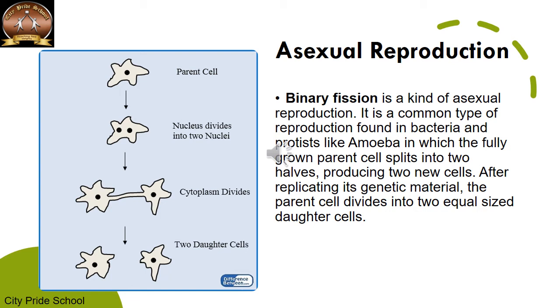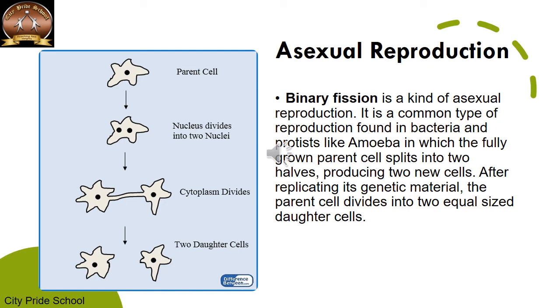This splitting happens after the nucleus duplicates and forms two nuclei, and then the cytoplasm also divides and forms two new cells.